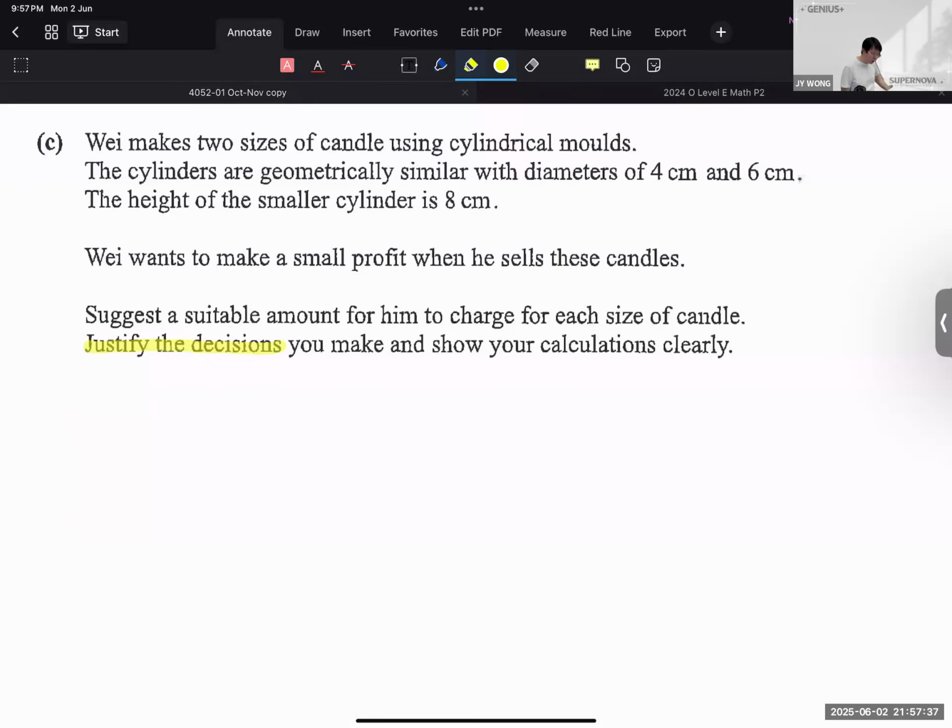So as long as your assumptions and your justifications are reasonable, they will accept the answer. They are very friendly about it. So you don't need to worry too much. They are quite lenient in allocating marks for this part of the question. So never leave your real world application question blank, which a lot of students do: I don't understand what the question wants me to do, I just leave it blank.